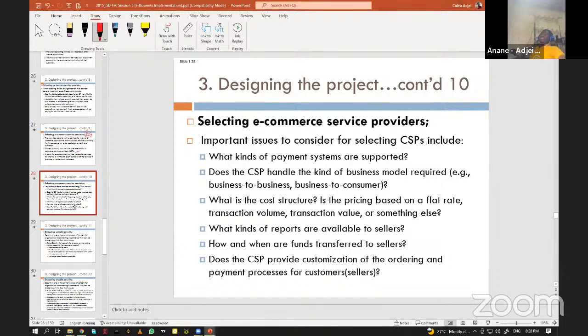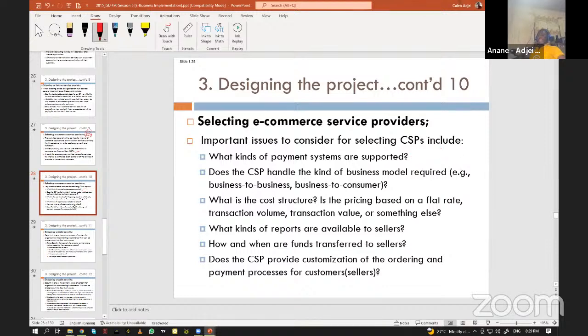Then, what are some of the important issues we should consider? Number one, what kind of payment system are they supporting? In Ghana here, I'm not speaking from any research perspective, but I can say between 90 to 95% of people who will be on the internet have access to a mobile money service, either MTN Mobile Money, Vodafone, or any other mobile money service.